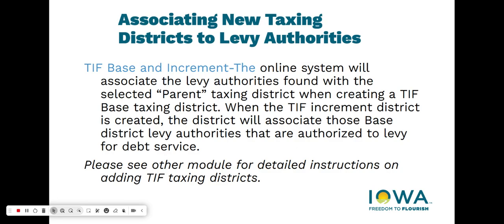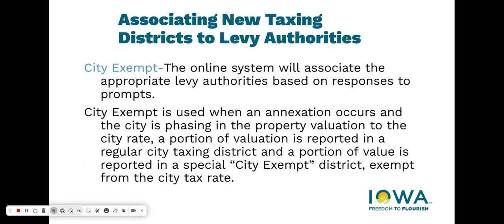And I'm not going to go into a lot of detail about creating TIF increment and base districts. That is actually covered in the section that talks more specifically about TIF. But I would say just be aware, additions to TIF areas, amendments, that sort of thing, new projects are often reasons why you have to create tax districts at the end of the day.